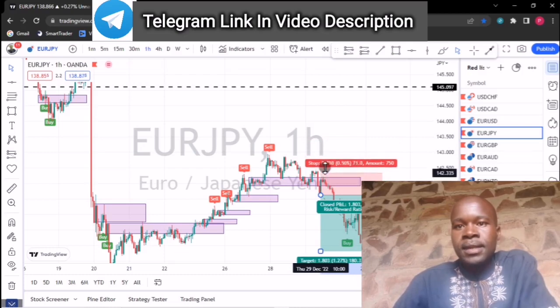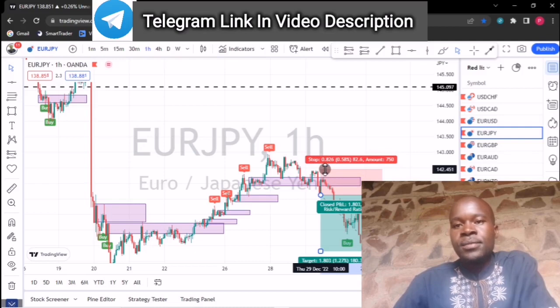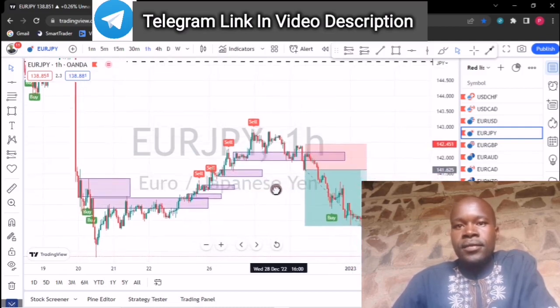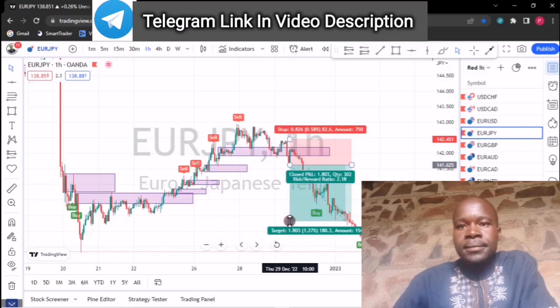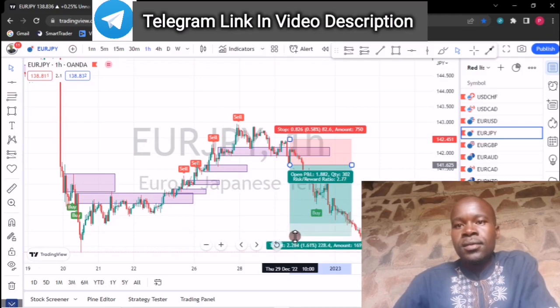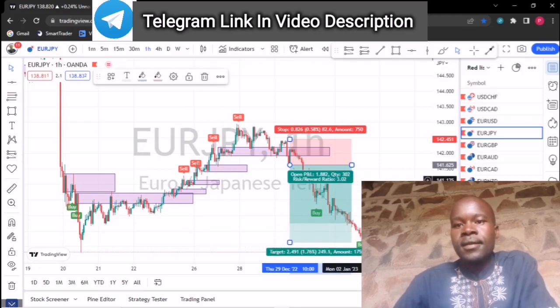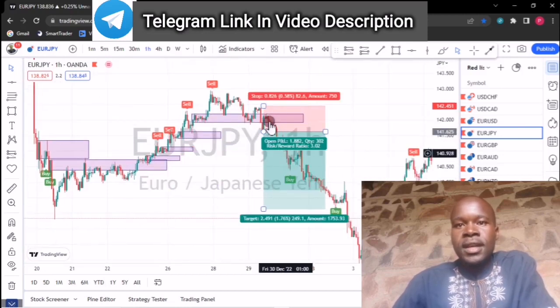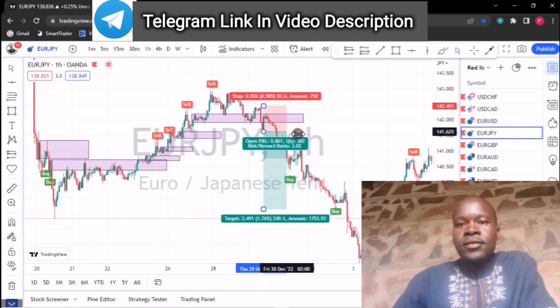Somebody else could have placed it just above this previous lower high, and then your 1:3 is 3983. Okay, you could have won this trade.